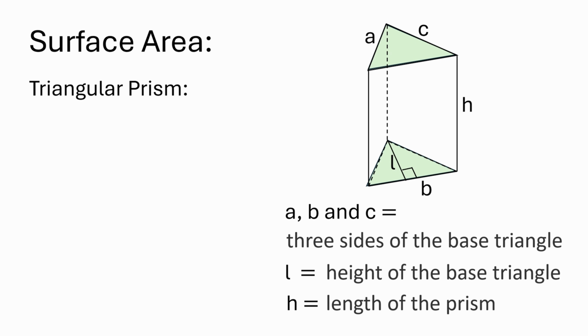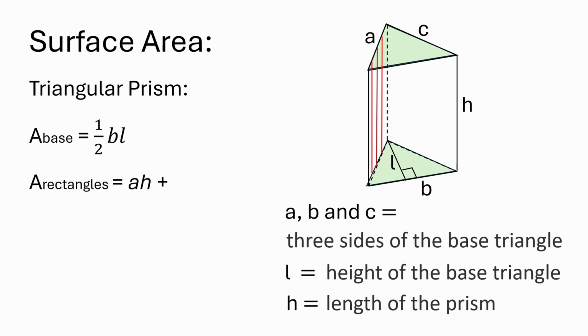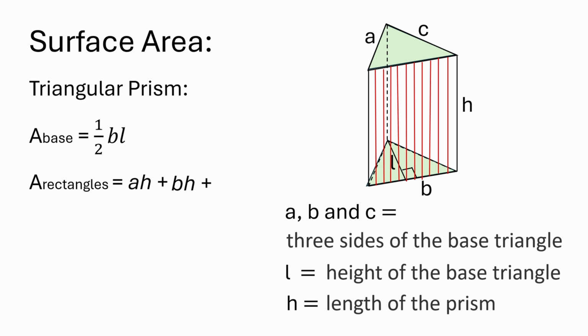Let h be the length of the prism. Area of one triangular base is equal to 1 divided by 2 times b times l. Areas of the three rectangles is equal to a times h plus b times h plus c times h.